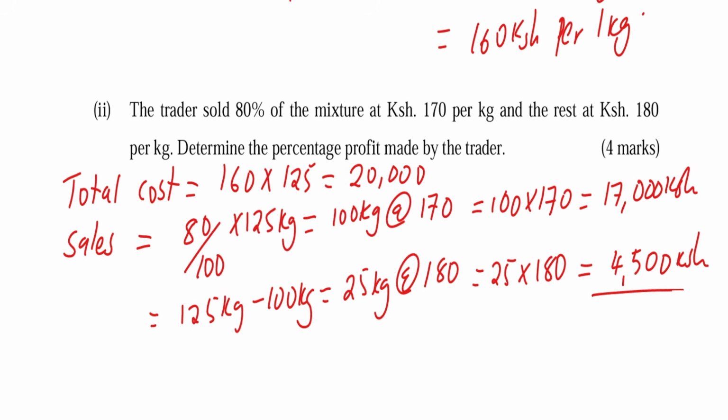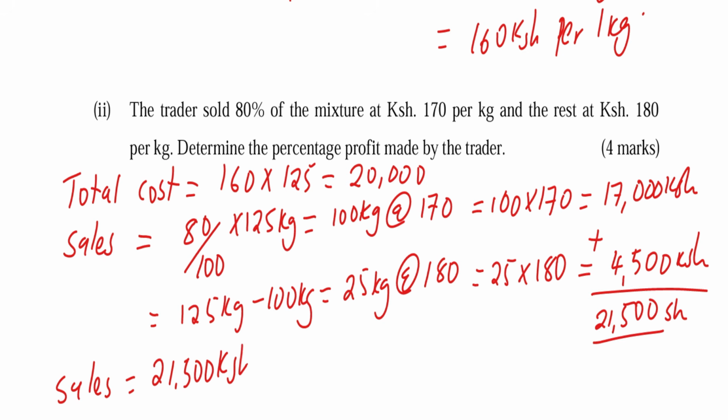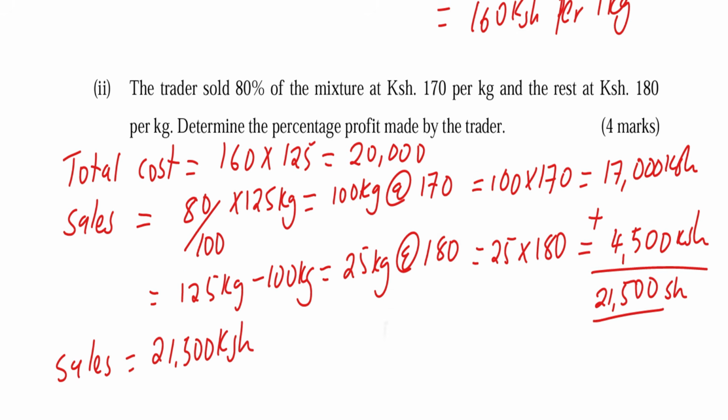Now add both of them, 17,000 plus 4,500, and it gives you around 21,500. So the total sale that he made is 21,500 shillings. That's something that you should know.